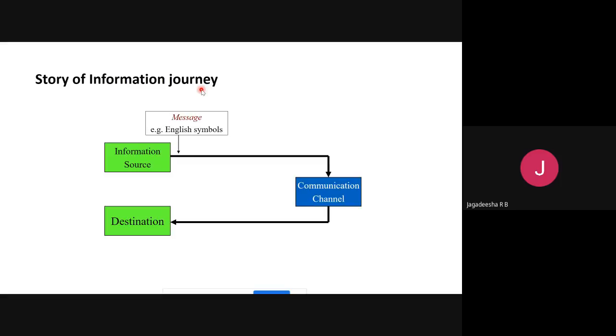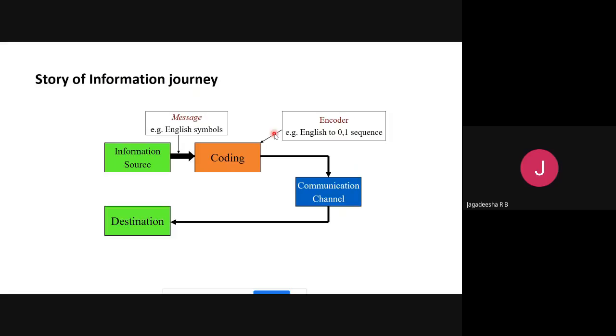So here we'll see what we need to do. Here the message may be some words generated from the information source, and now we do the coding of these messages. For example, this may be a voice signal that has to be converted into digital.